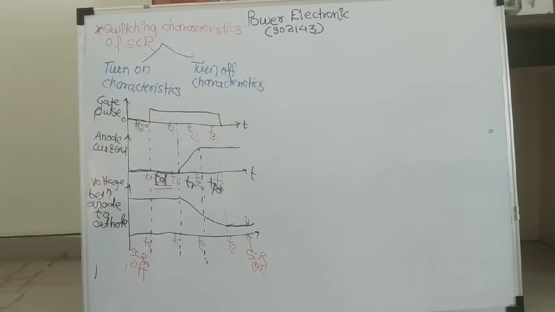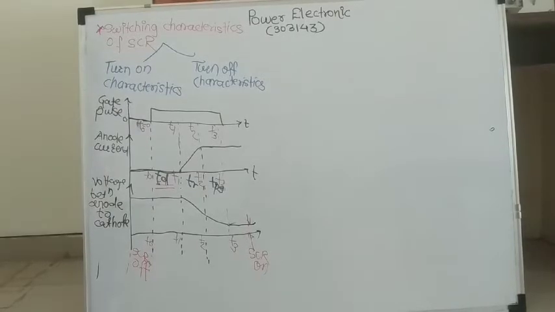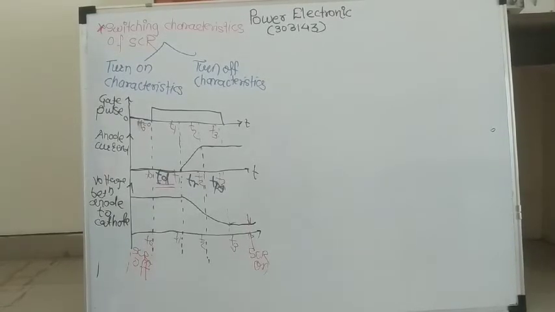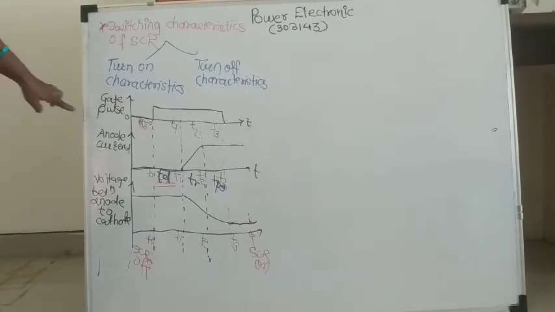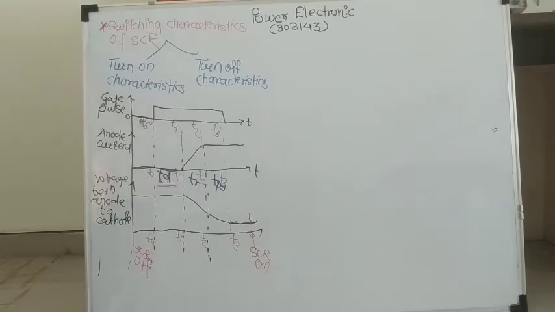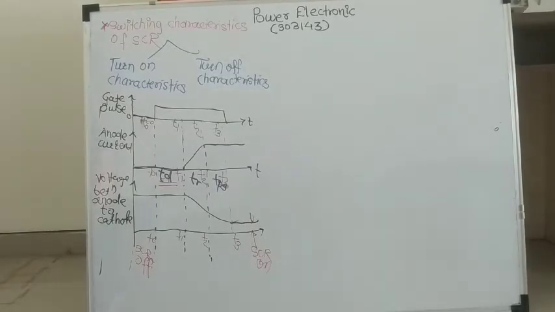Now this gate current is applied at t is equal to 0 as shown in figure. Now this waveform, the current waveform called anode current, and the voltage waveform, that is the VAK voltage between anode to cathode, is shown in figure.